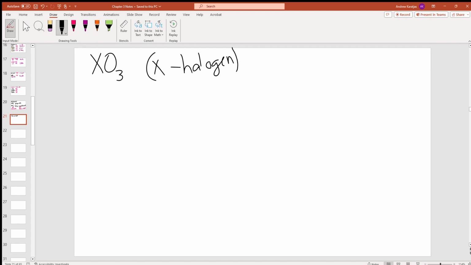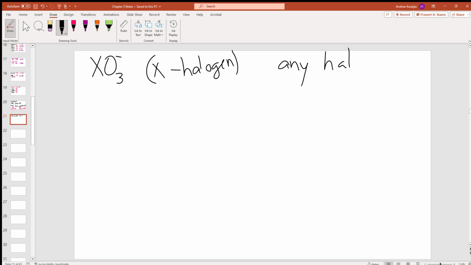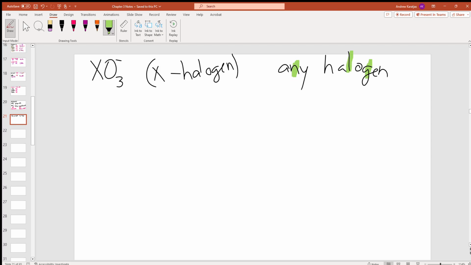And in fact, the phrase we can use here is any halogen. Any, one consonant sound, minus one, three consonant sounds, three oxygens.